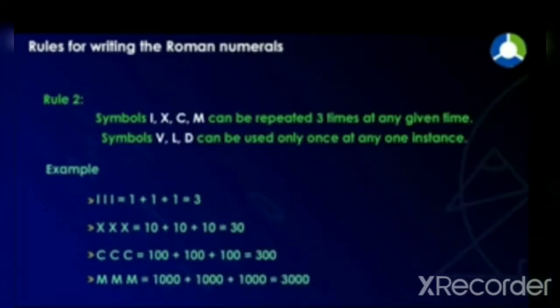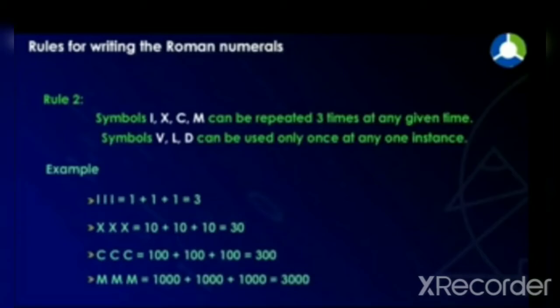Rule number 2. Symbols I, X, C and M can be repeated 3 times at any given time. On the other hand, symbols V, L and D can be used only once at any one instance. That means symbols V, L and D cannot be repeated, and symbols I, X, C and M can be repeated only thrice.